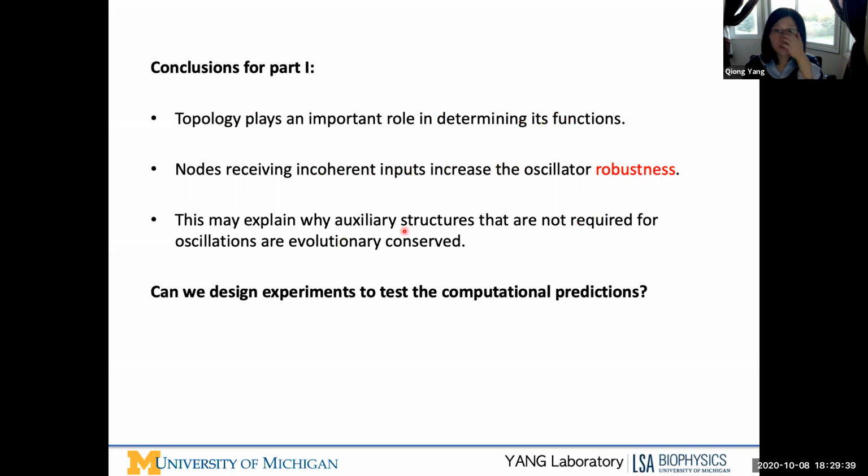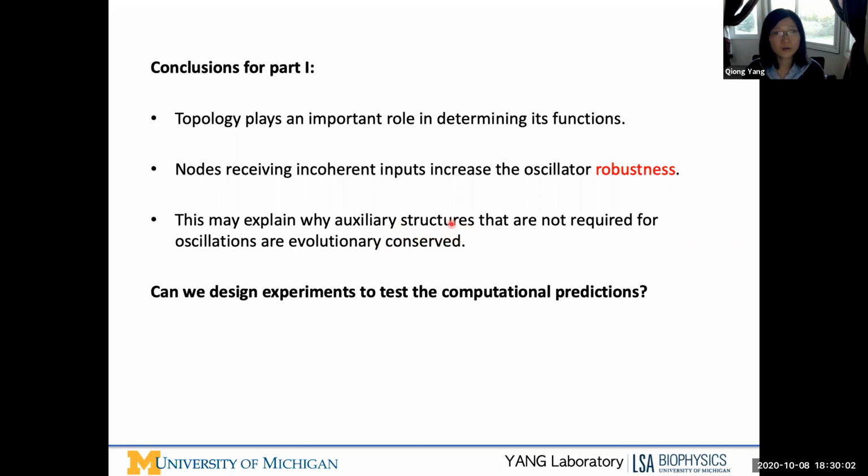And this may explain why in nature we have these peripheral structures that are not really required for oscillation, but they are still evolutionarily well conserved. So they may exist there through evolutionary selection by providing some important function, in this case, robustness.